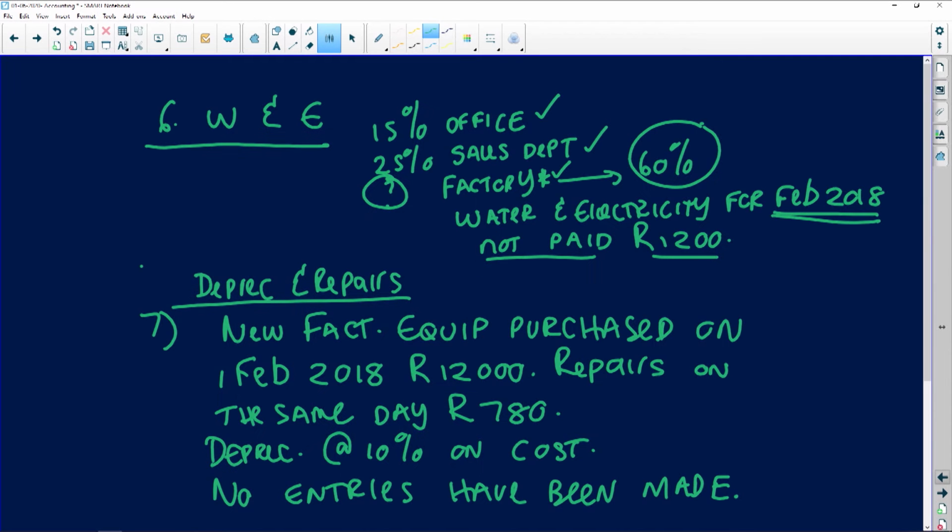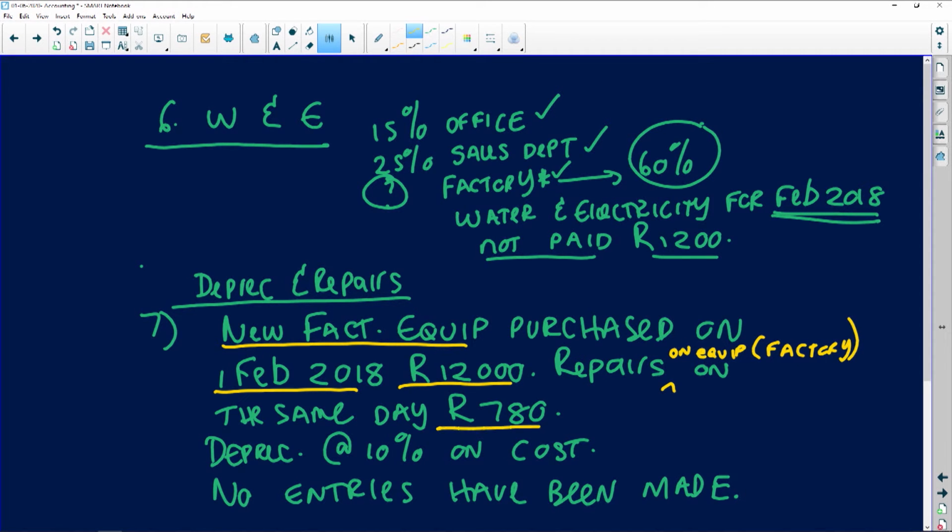Okay, so the additional information given to me. New factory equipment purchased on the 1st of February 2018 for an amount of 12,000. Repairs on equipment for the factory was also done on the same day for 780 Rand.